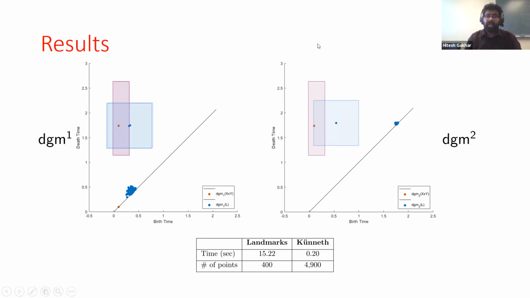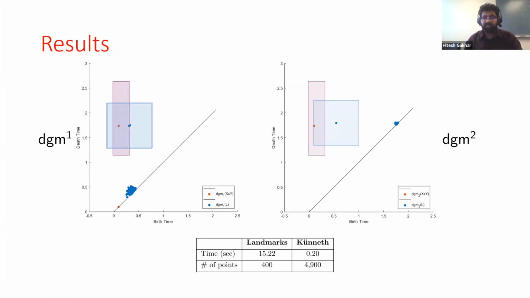But again, remember that the red points and the blue points are approximations. So we wanted to know where the ground truth actually lies. We were able to write some theoretical bounds, and those theoretical bounds give us these boxes: the blue box around the blue point and the red rectangular strip around the red point.